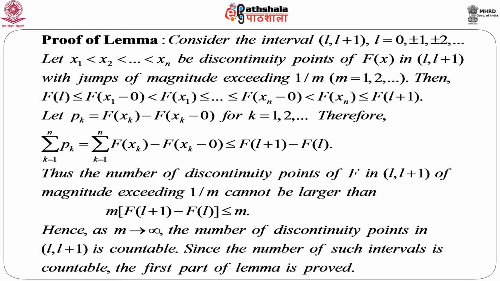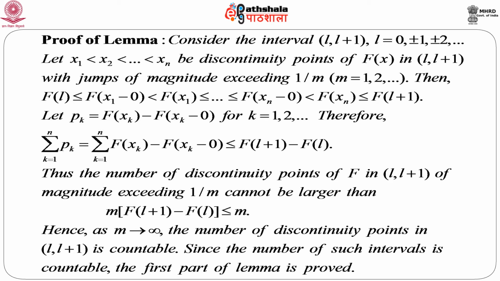Let us try to prove this lemma. At least I am just going to give you the outline of the proof. First, consider this interval L to L plus 1, where L can take any integer value 0, plus minus 1, plus minus 2 and so on.